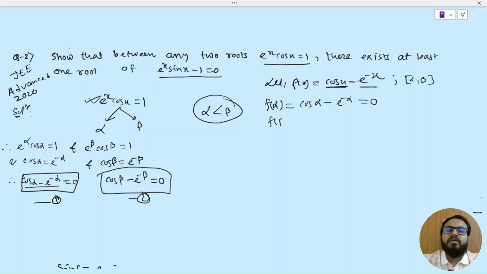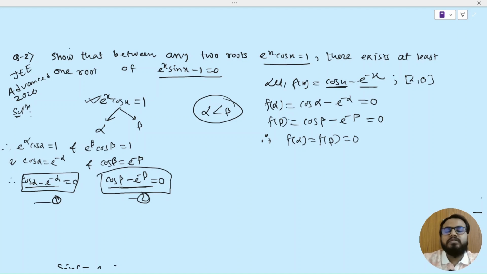Again we calculate f beta, which is cos beta minus e to the power minus beta. Using equation 2, this is equal to 0. Thus, f alpha equals f beta equals 0. Thus, the third condition of Rolle's theorem is again satisfied by the function f of x.